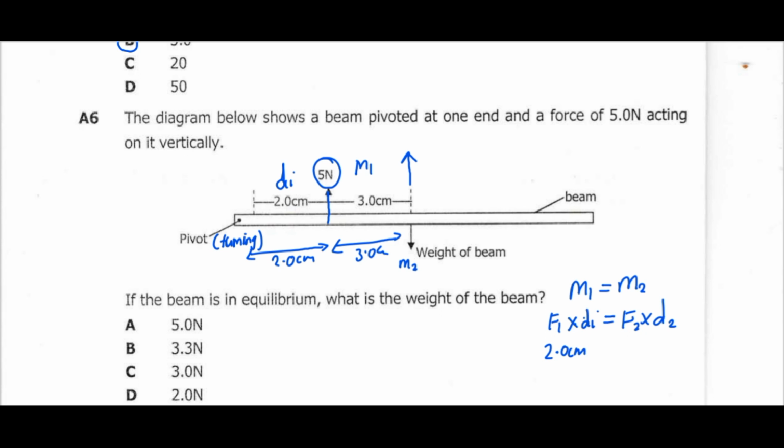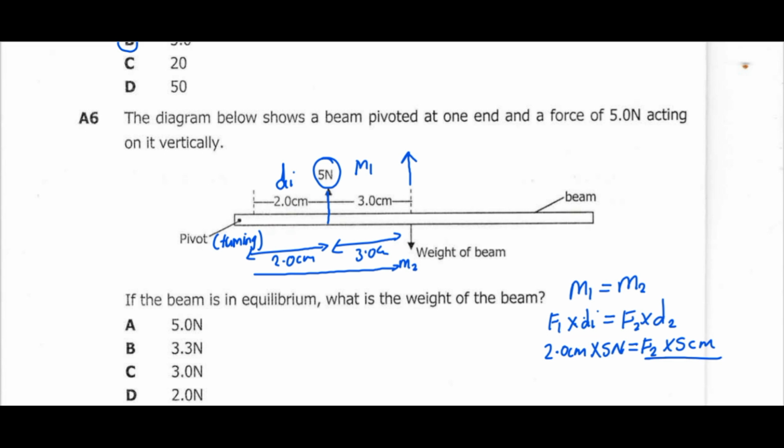So it's 2.0 centimeters multiplied by 5 newtons is equal to force 2, which is what we are solving for, times distance 2. For distance 2, we need to add these two distances. So we'll add 2 centimeters plus 3 centimeters. This will give us 5 centimeters.